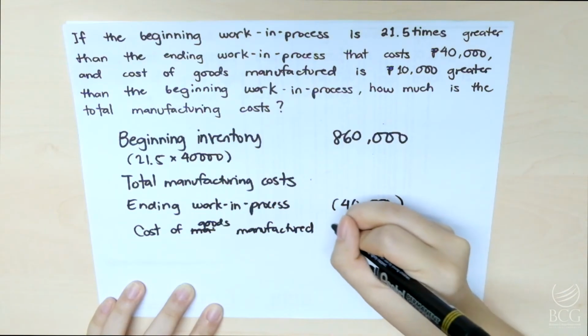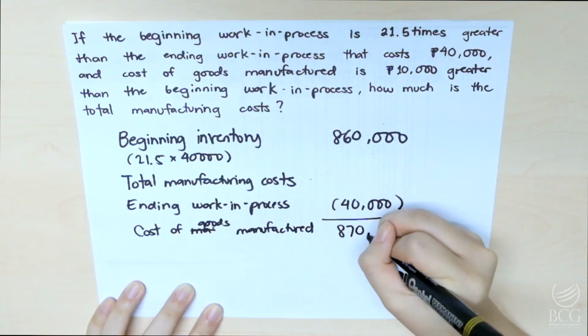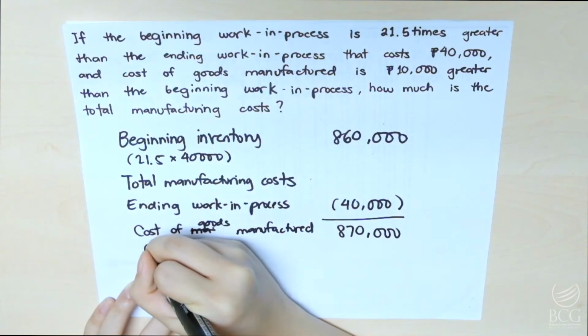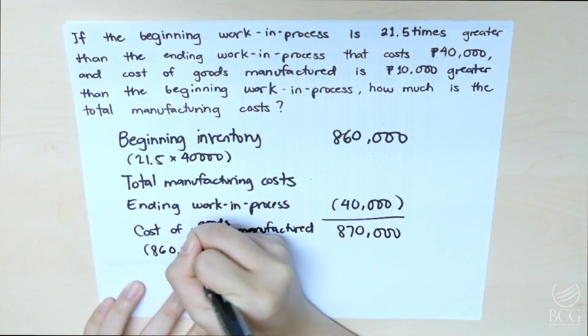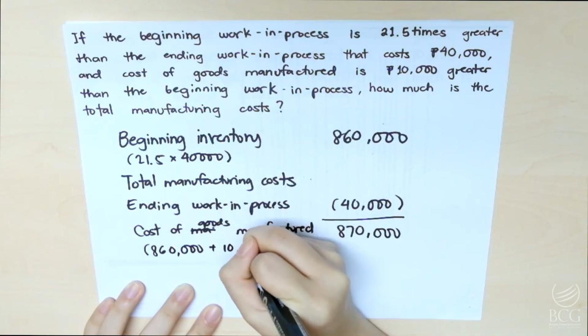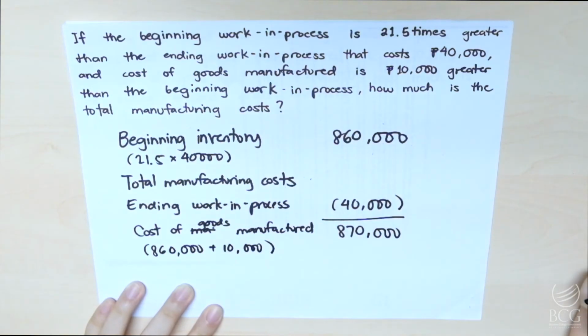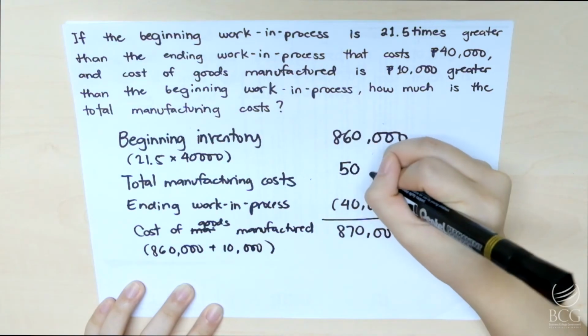And the cost of goods manufactured will be a total of 870,000, which is 860,000 from the beginning inventory plus 10,000. Based on this, the total manufacturing costs will be 50,000 pesos.